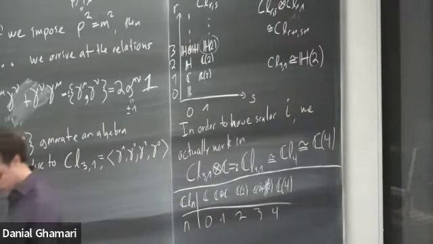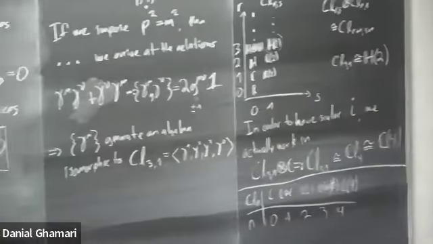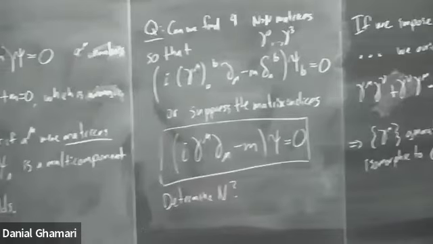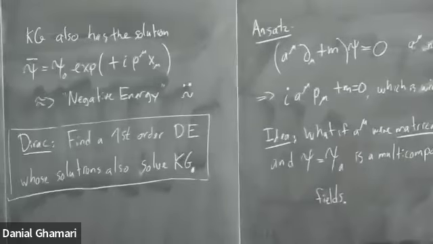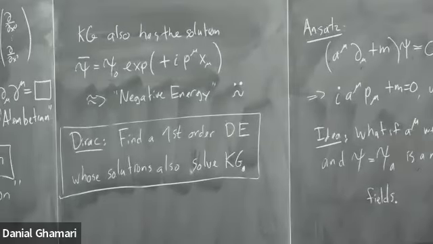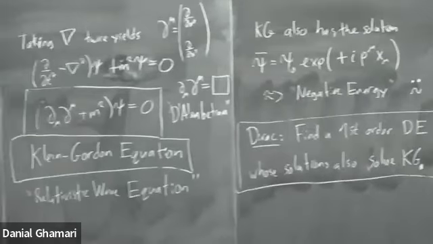Okay. So that's where we're at. We're still trying to actually properly define this equation, but we have a hint about what these gammas should be and where they should be acting.